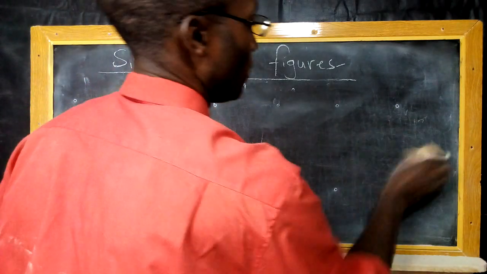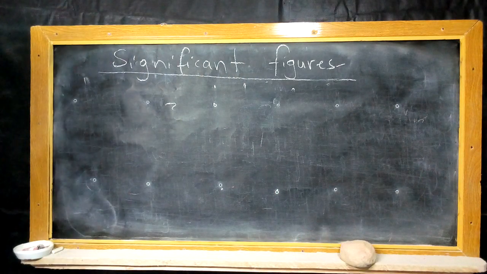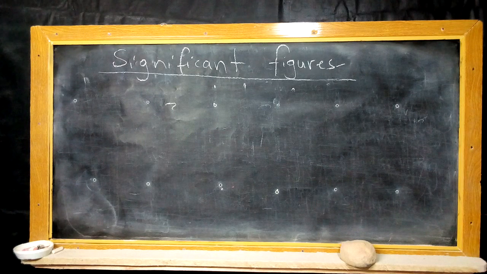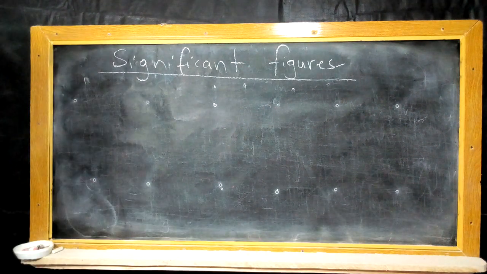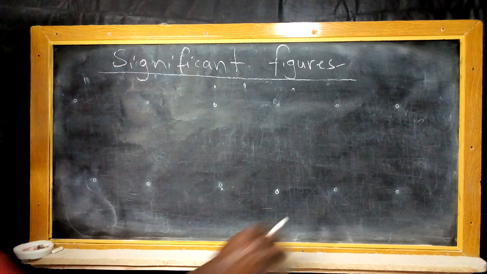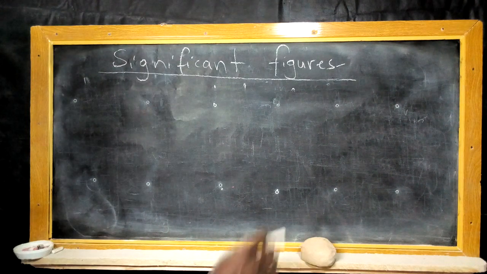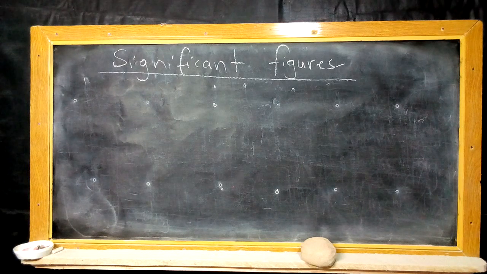So first, the importance of studying significant figures is to show the precision of measurements or calculations, and to show the amount of uncertainty in the reported value, which is a measurement. And lastly, it is to express the precision of a measuring tool. So that is the relevancy or importance of this concept.